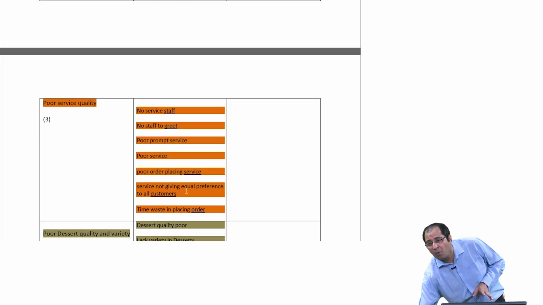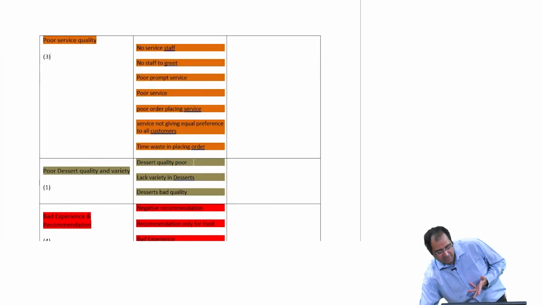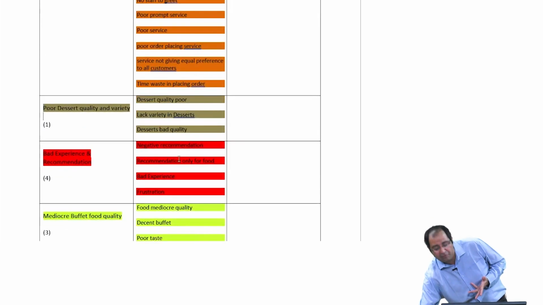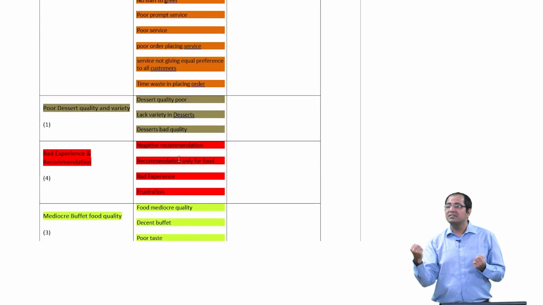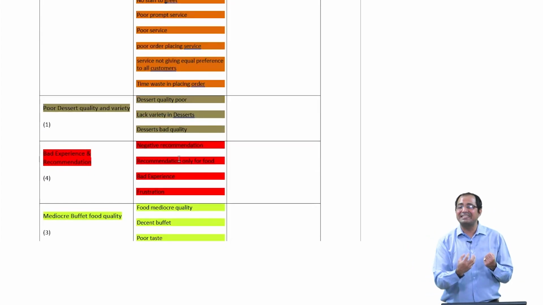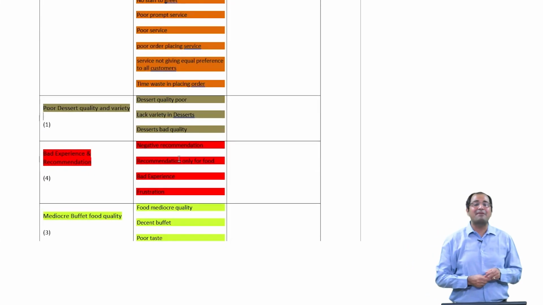Now, what is the underlying idea behind all these codes that you have? That is the primary theme, poor service quality. Likewise, next one, dessert quality poor. All these three codes, what is the underlying idea? This is poor dessert quality and variety. Likewise, for all the similar color sub themes, you need to write the underlying idea which becomes the primary theme.